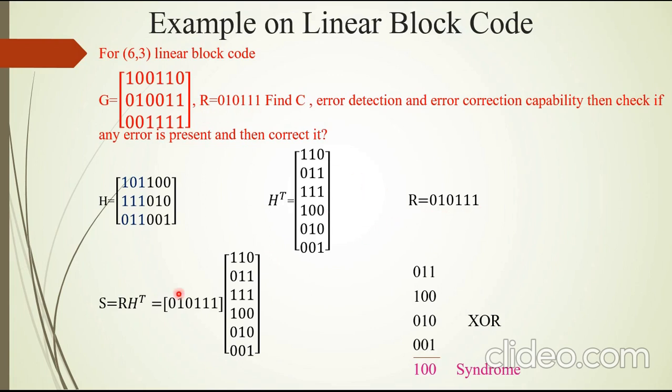Now I have to find out the syndrome. So what is the formula of syndrome? Syndrome is equal to R H transpose. So here R is 010111 and H transpose which is there.